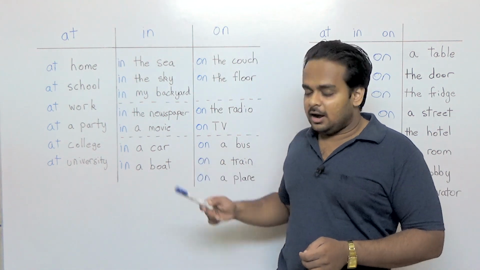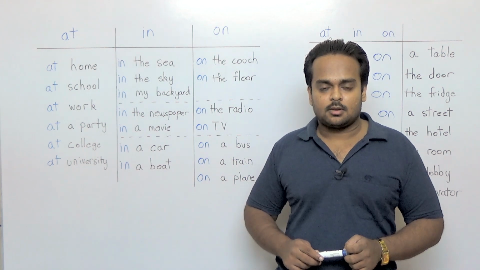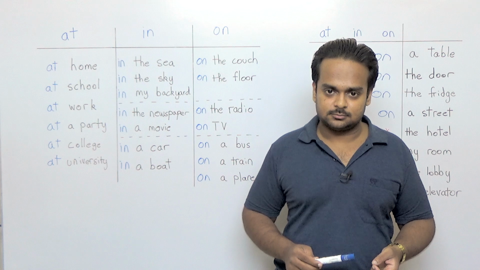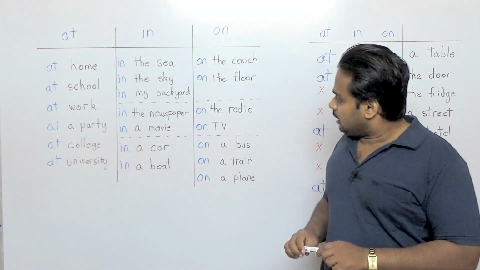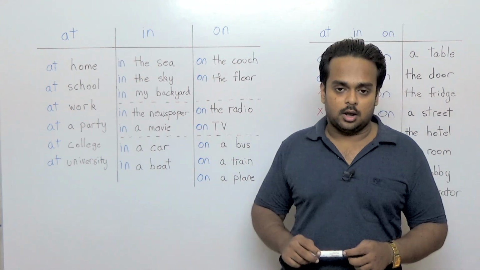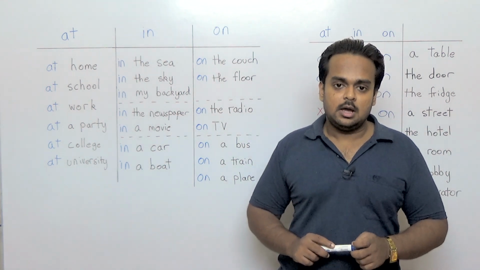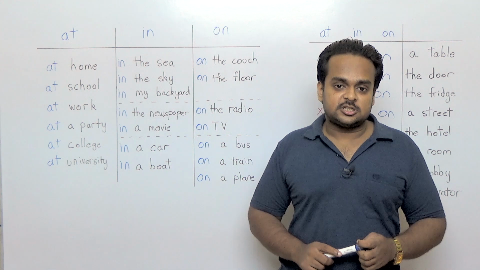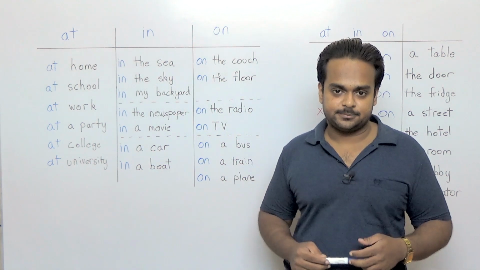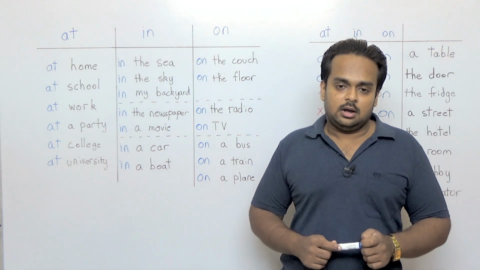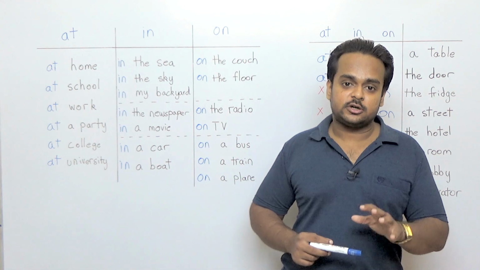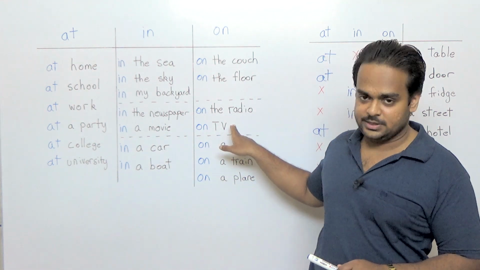Or I like watching fight scenes in Jackie Chan movies. Okay, so in. But if you're talking about the radio or TV, then you use on. For instance, I like listening to talk shows on the radio where people chat. Or Batman is one of my favorite cartoons on TV.